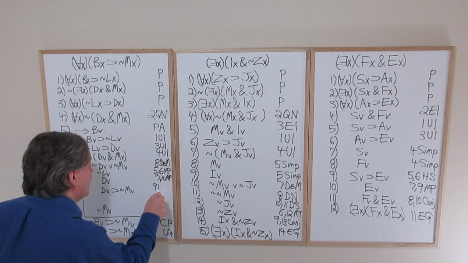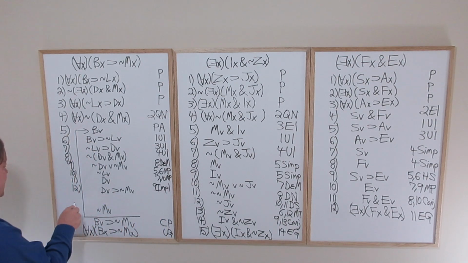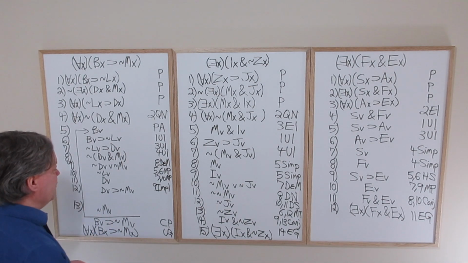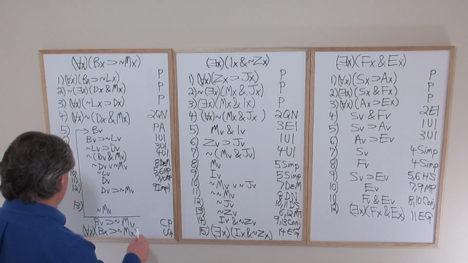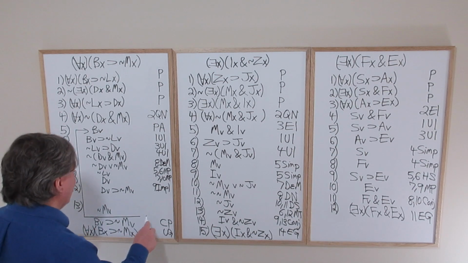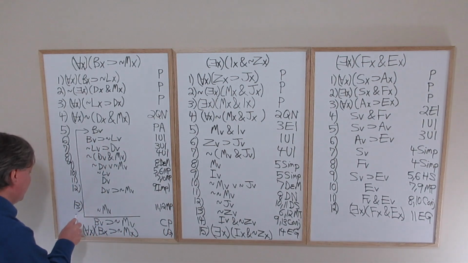So 9, implication, a little bit of an unsightly gap. Better to have too much room than not enough though, because then you have to start erasing things. 11, 12, modus ponens.